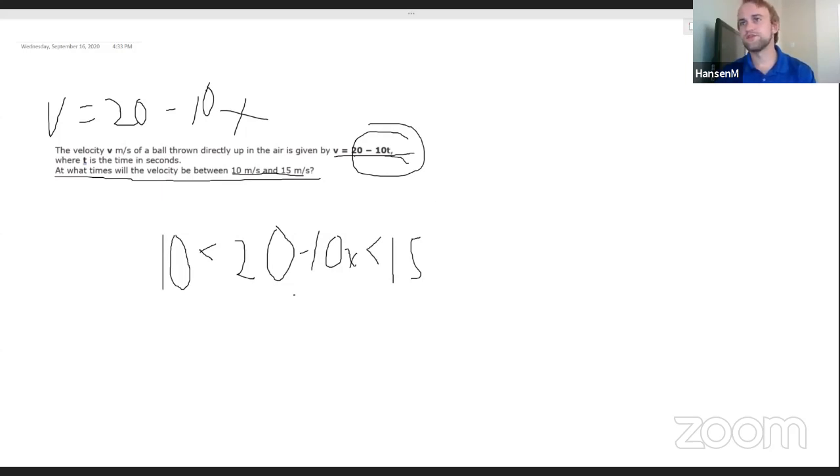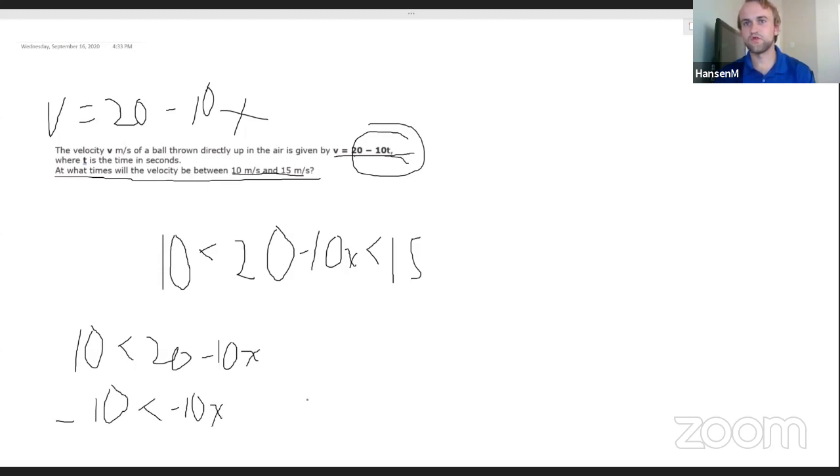So then to figure out this time range, we're going to solve this kind of like we did the other inequalities. First we're going to do 10 is less than 20 minus 10x. So then negative 10 is less than negative 10x.